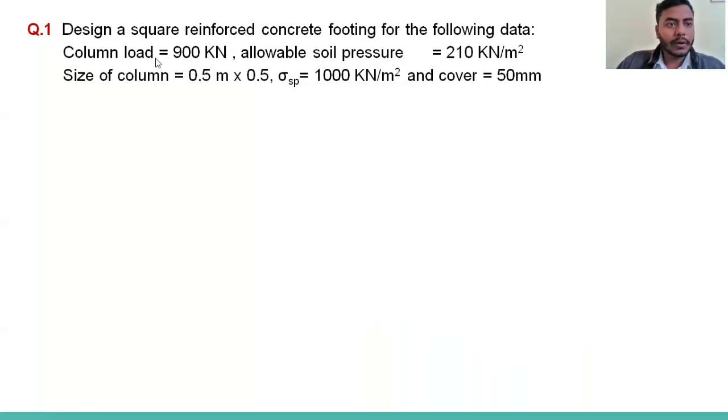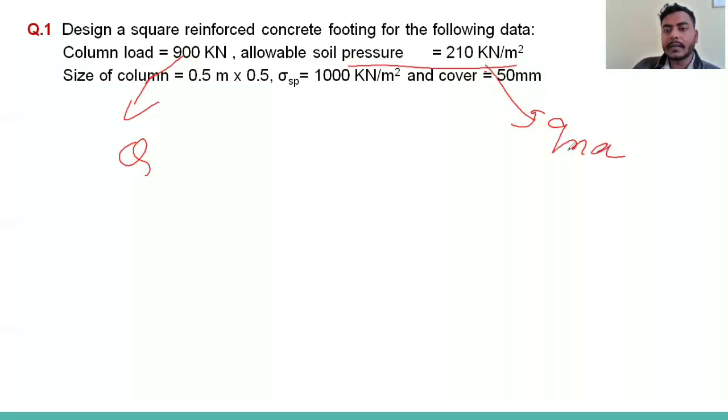So now I'm going to discuss one problem, that is square reinforced concrete footing design. In the question it is mentioned, design a square reinforced footing for the following data. The data we have: you can see column load, that by notation we can write, this is the given Q. Allowable pressure is given, that is QNA, right?